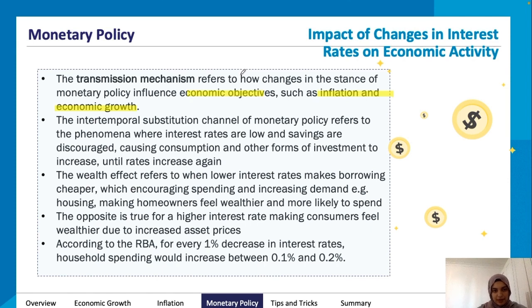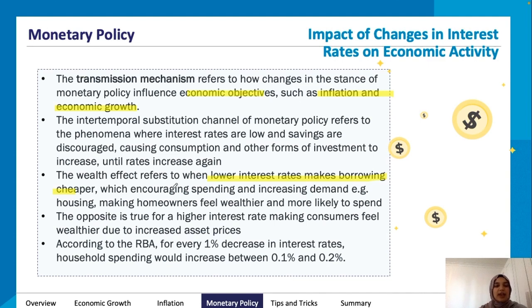So the wealth effect essentially refers to when lower interest rates make borrowing cheaper, which therefore encourages spending and increases demand for all different types of goods and services, rather than higher interest rates making it more expensive, decreasing spending and decreasing demand.